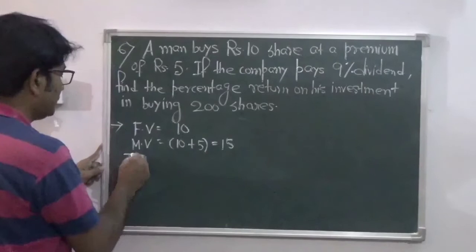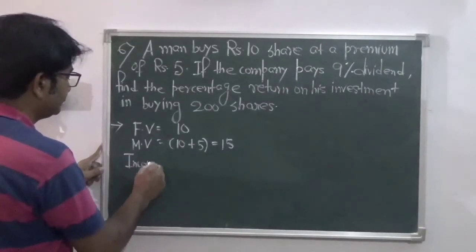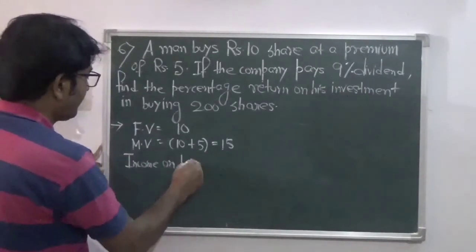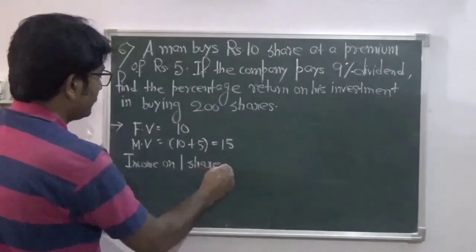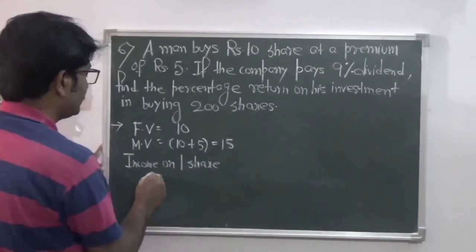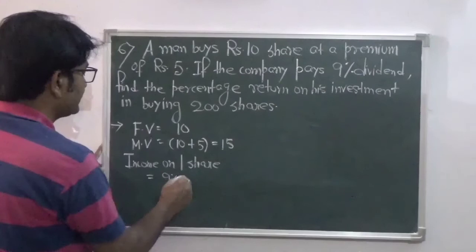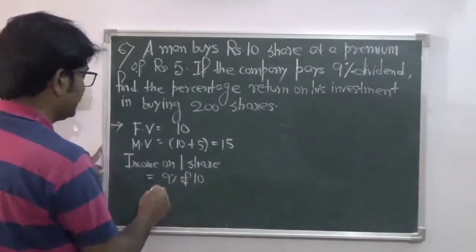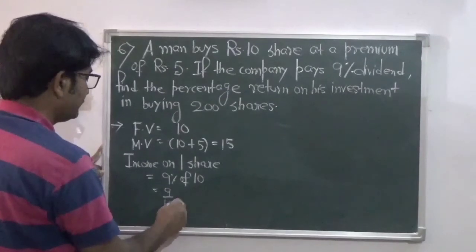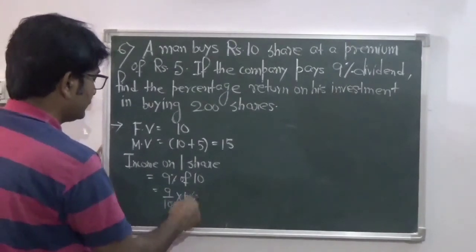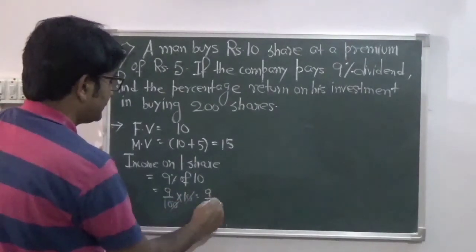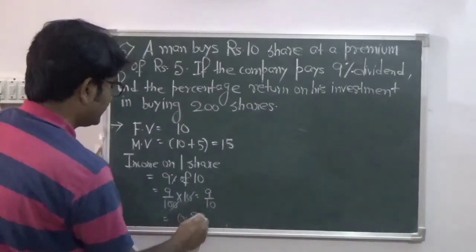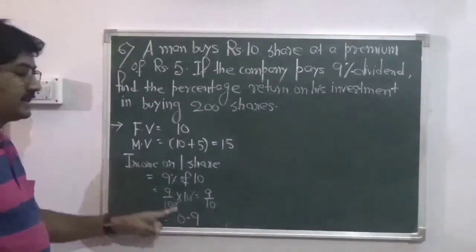So the income on 1 share is equal to 9% of the face value, ₹10. That is 9 by 100 into 10, that is 9 by 10, which is equal to 0.9. This is the income on 1 share.